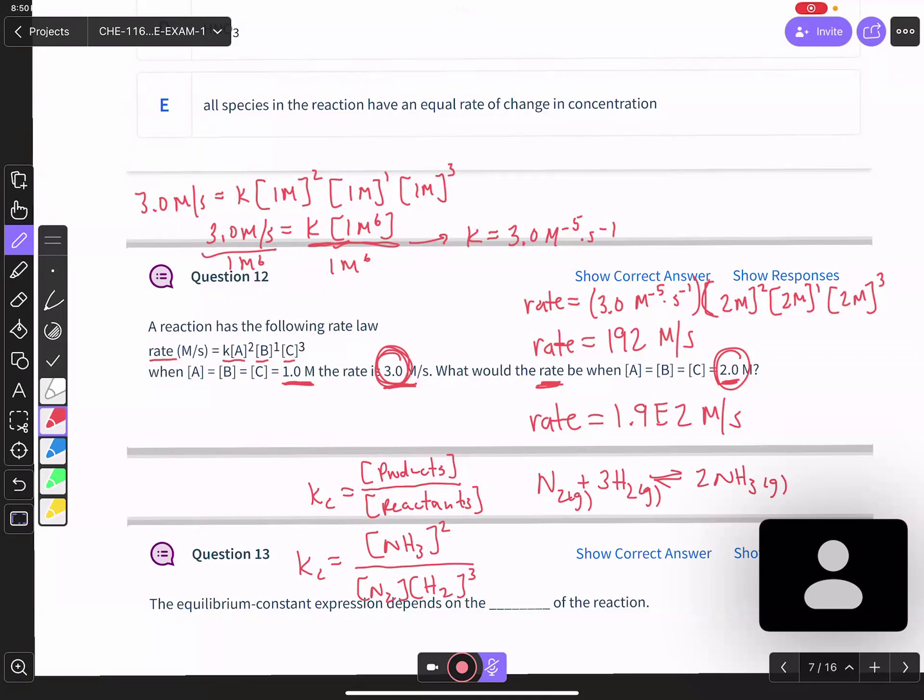So where did we get that expression from? What did this expression depend on? This expression just depended on the reaction and the coefficients of that reaction, or the stoichiometry of that reaction. That's all that this depended on.